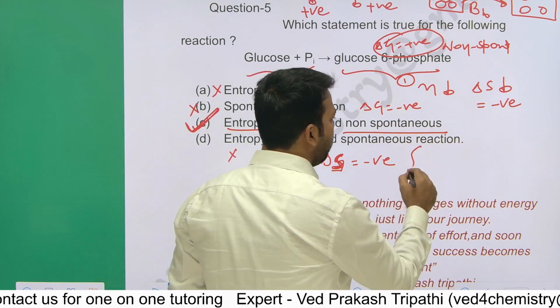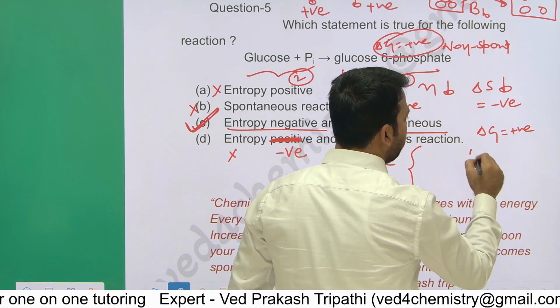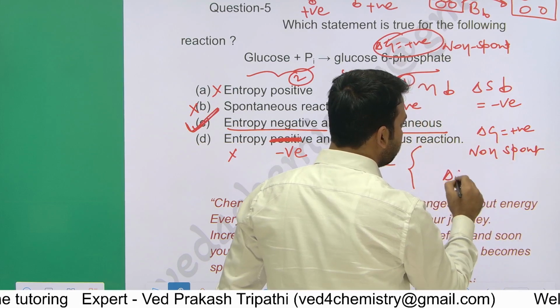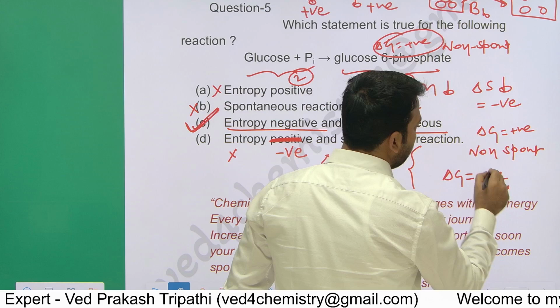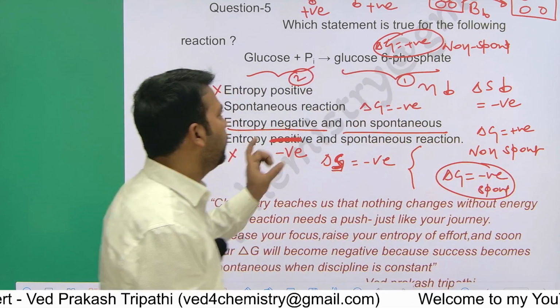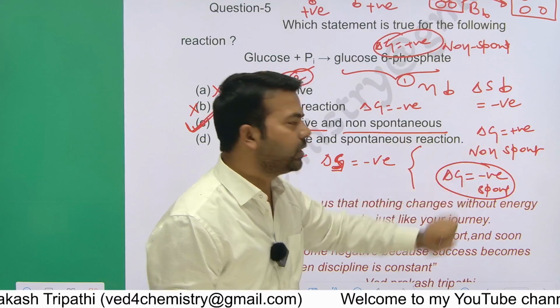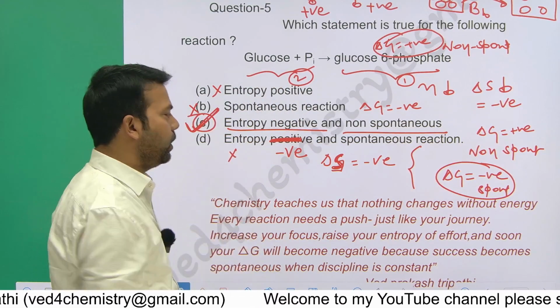And if delta G is positive, then the reaction is non-spontaneous. And if delta G is negative, then the reaction is spontaneous. Clear? So for this question, the delta G given is positive, so the reaction is non-spontaneous. So option C is absolutely correct.